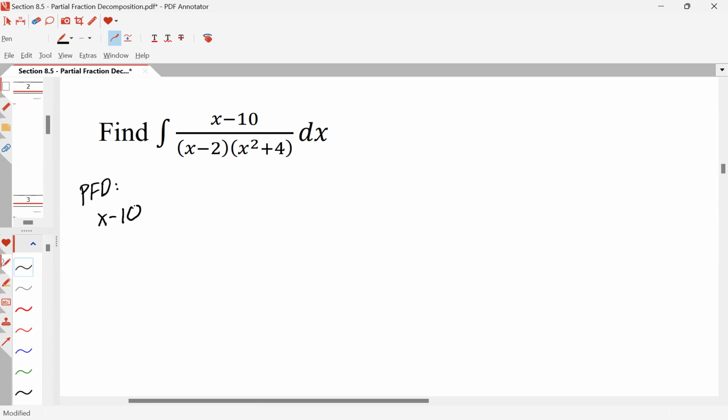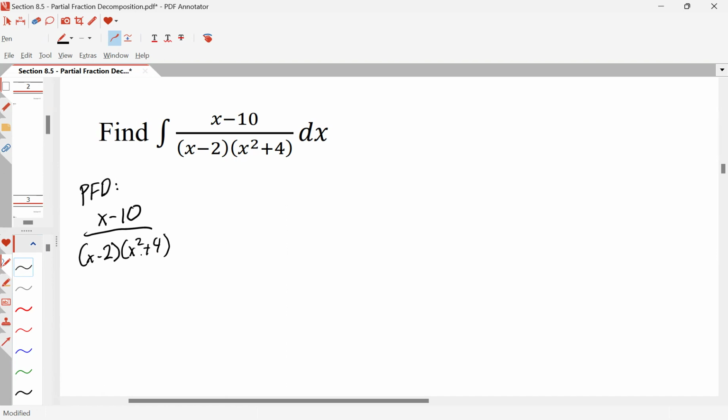first, we want to make sure the denominator is completely factored. The x - 2 cannot be factored anymore, but we want to check that x² + 4. x² + 4 is an irreducible quadratic. There are no zeros to x² + 4.